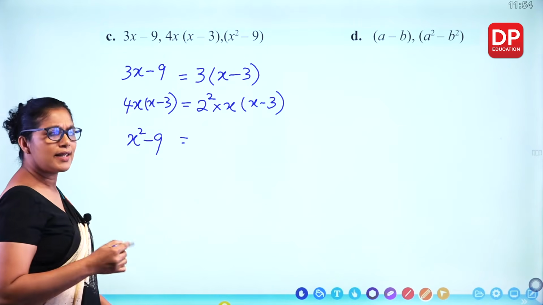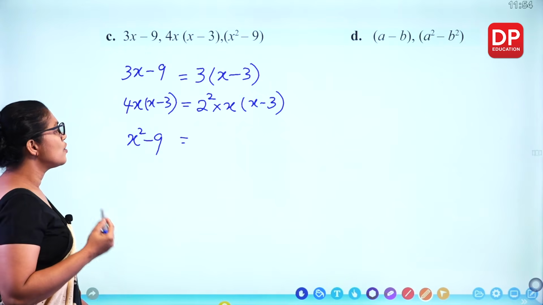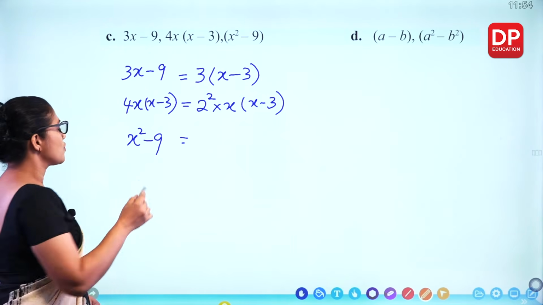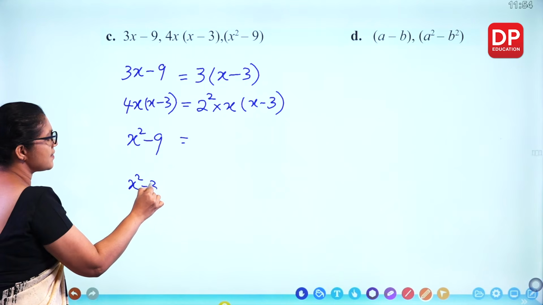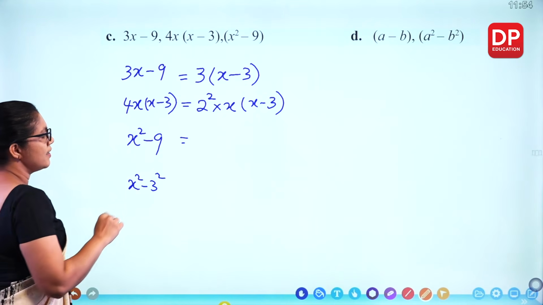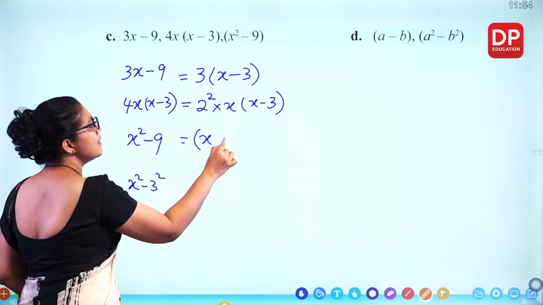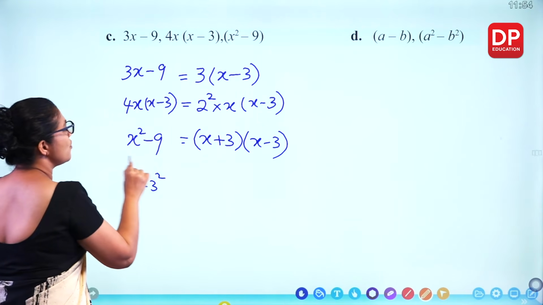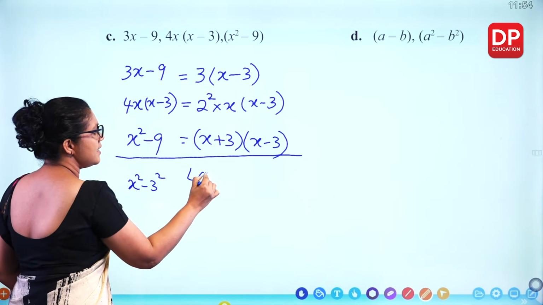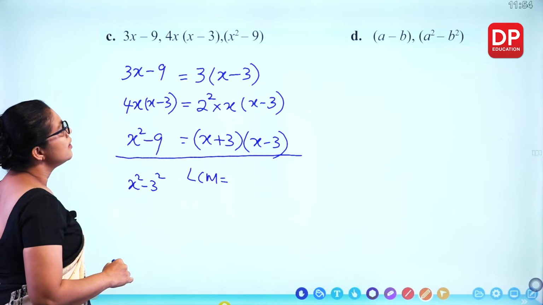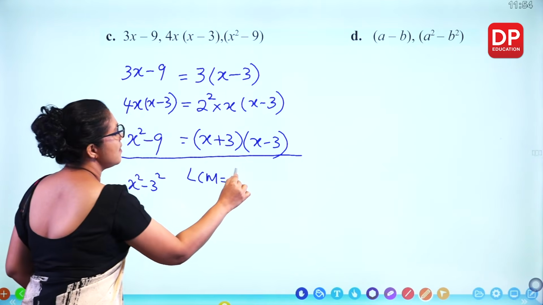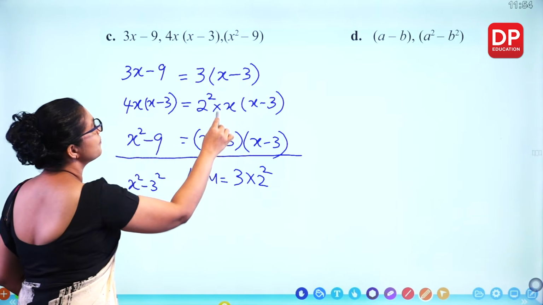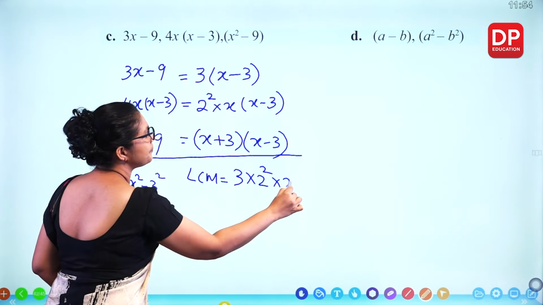What about this one? This is the difference between two squared terms. So 9 you can write 3 squared. So I can write x squared - 3 squared instead of 9. So what are the factors there? (x + 3), (x - 3). So when you want to find out the least common multiple, look carefully and see 3 is there, 2 to the power 2 is there, and 1x.